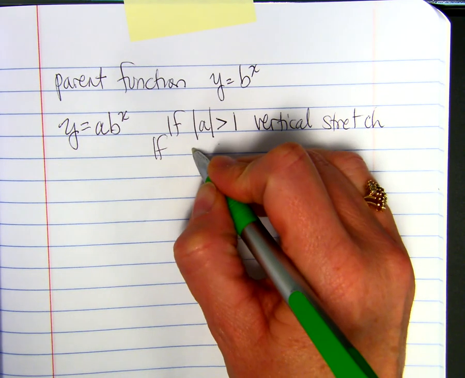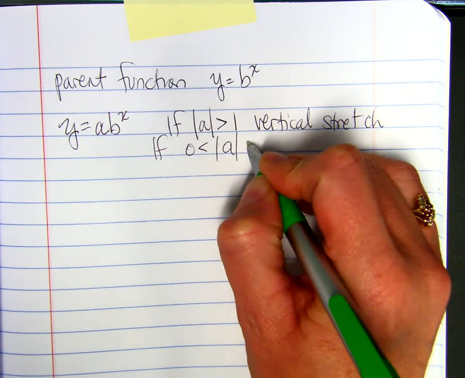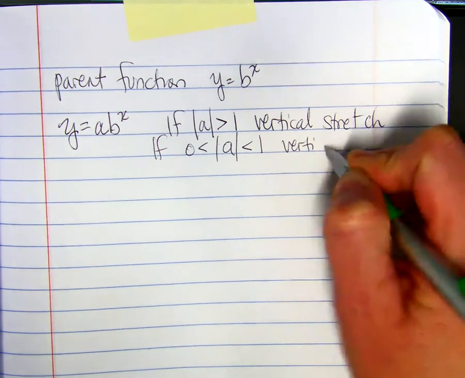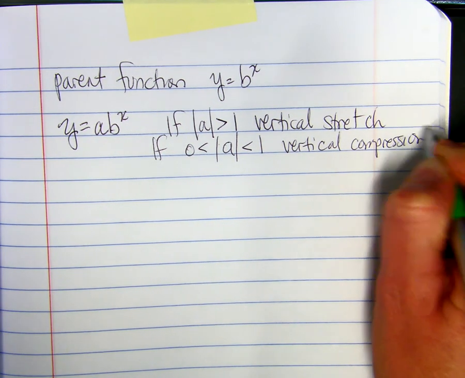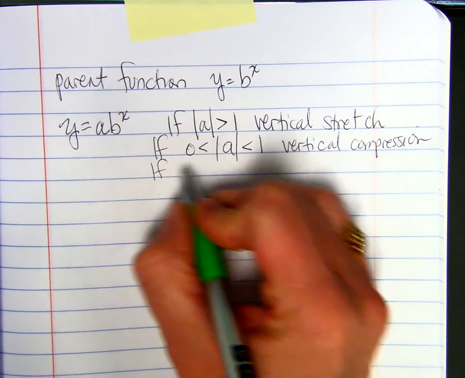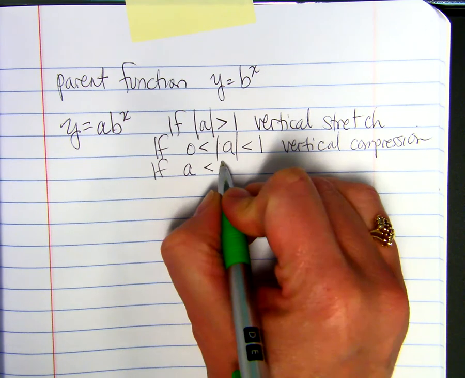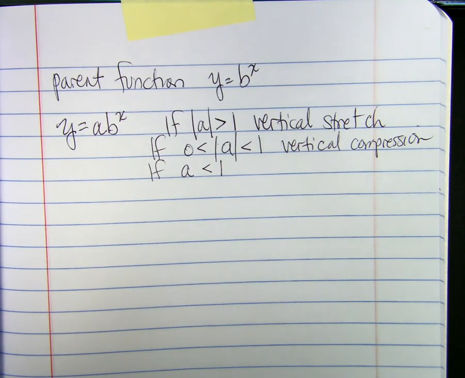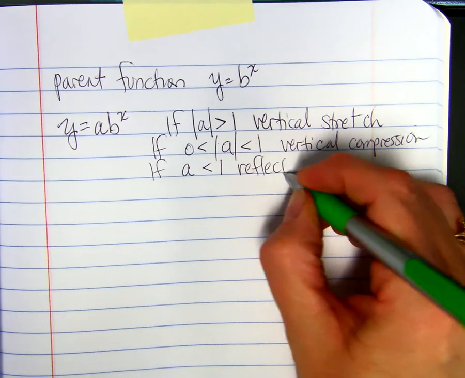So this is going to give you a vertical stretch. And if the absolute value of a is between 0 and 1, that gives you a vertical compression. And if the value of a is less than 0, it's a reflection in the x-axis.